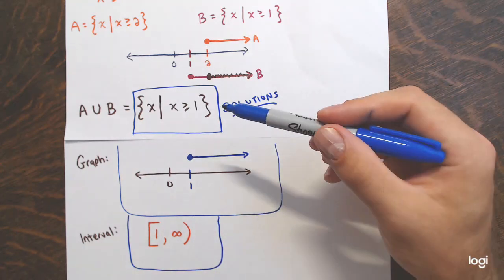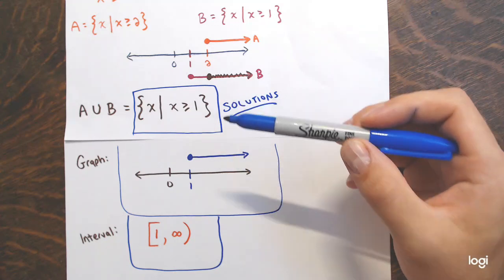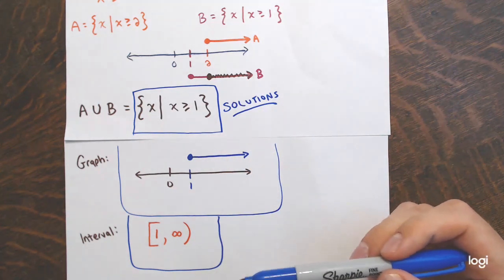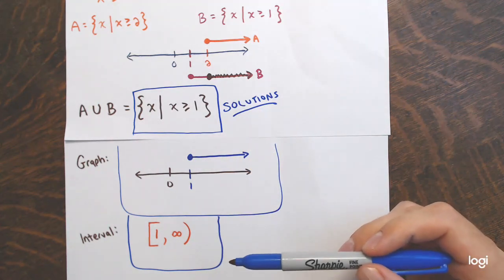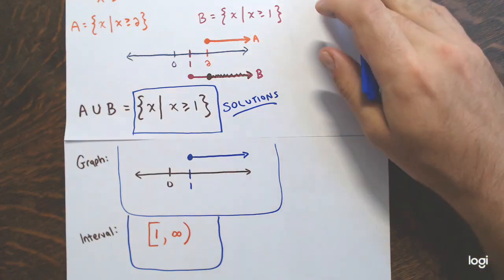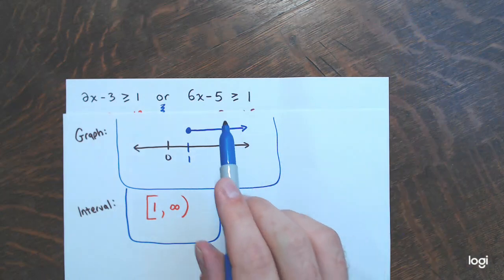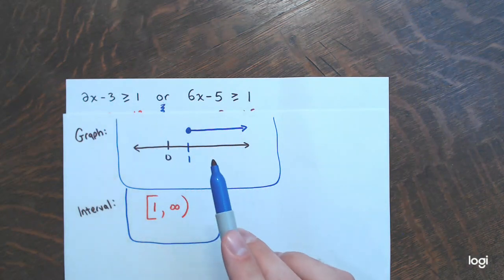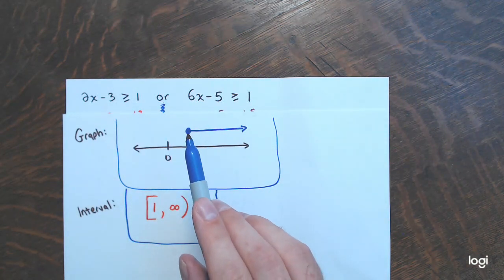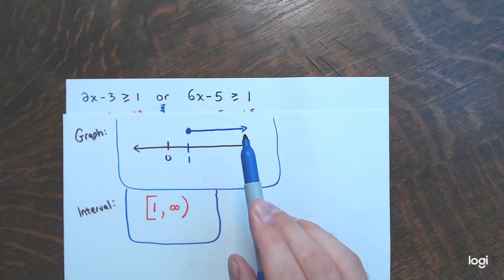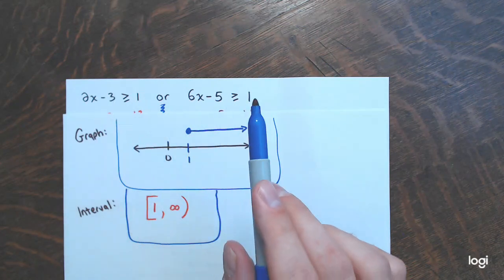And all three of these, I've said it the last two examples, all three of these represent the same set of numbers, this set of solutions to my inequality. And you can check it out, right? There's the original inequality, this compound inequality, connected by the word or. Pick any number bigger than 1, and at least one of these inequalities will be satisfied.